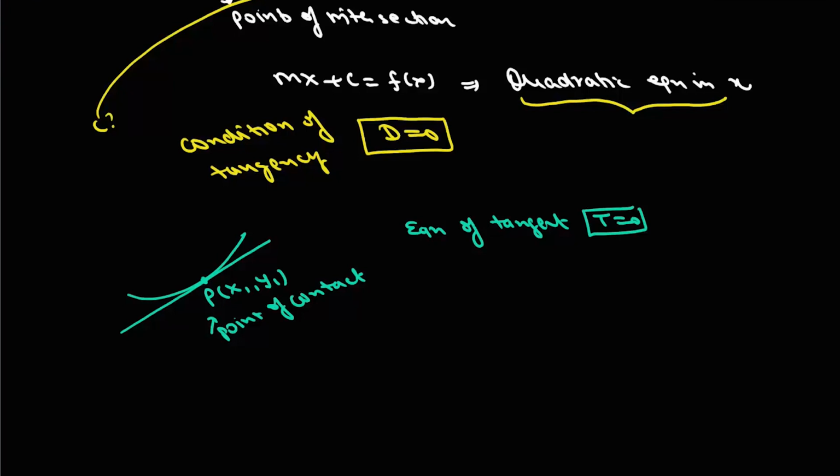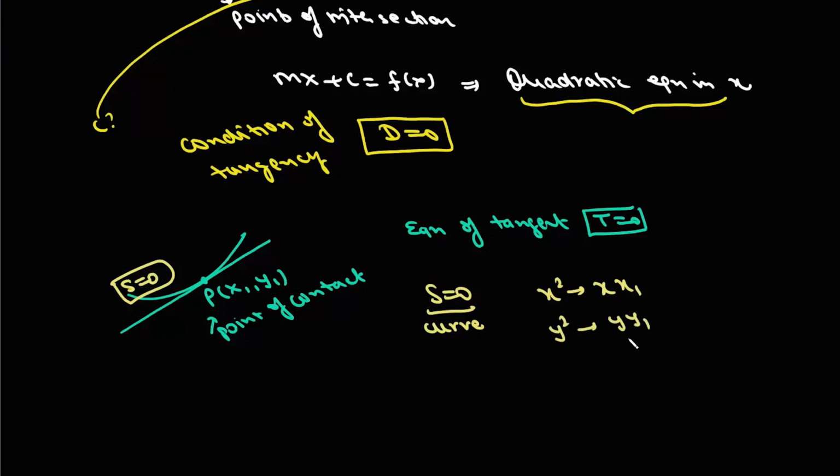So we are given equation of this curve, or this conic, which is say S equals 0. In this equation, what we need to do is, we need to replace x square with x into x1, y square with y into y1, x with (x plus x1) upon 2, and y with (y plus y1) upon 2.